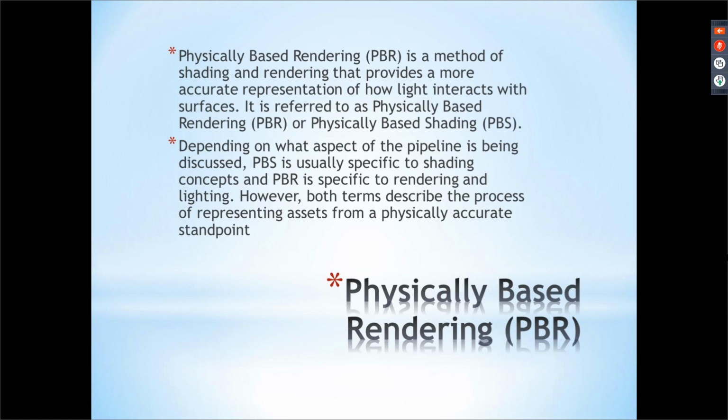Depending on what aspect of the pipeline is being discussed, PBS is usually specific to shading concepts, and PBR is specific to rendering and lighting. However, both terms describe the process of representing assets from a physically accurate standpoint. That means we can give a very accurate result in our rendering process. That is the reason we prefer to go with Substance Painter.